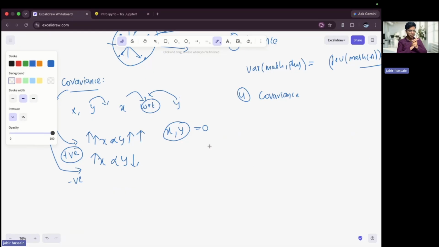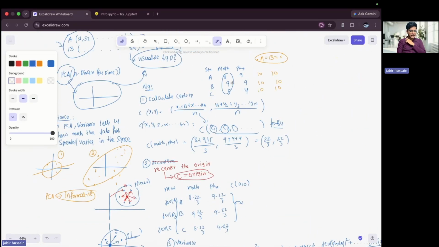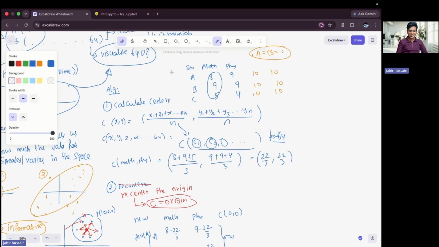I can take an example as well. In our previous example, if you see math marks, right? If a student has high CGPA in math, then from the data we can tell that he has high marks in physics as well. If he has low marks in physics, then he eventually has fewer marks in math as well. Now let's say I have another feature called gaming, right?